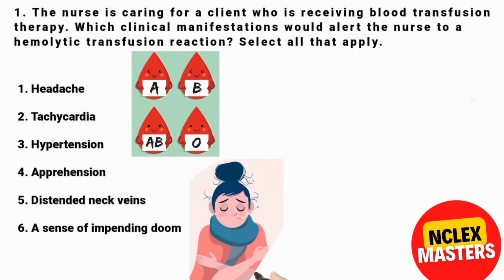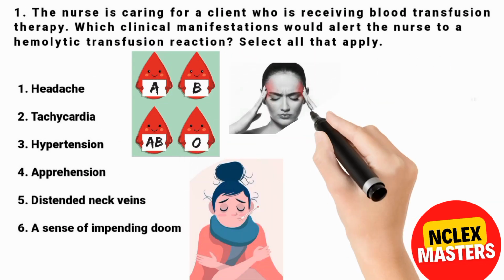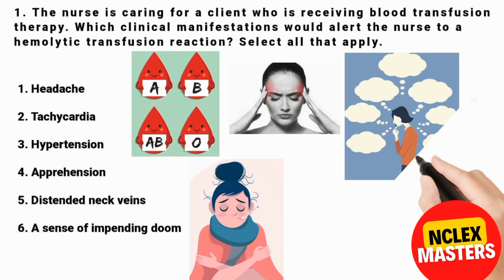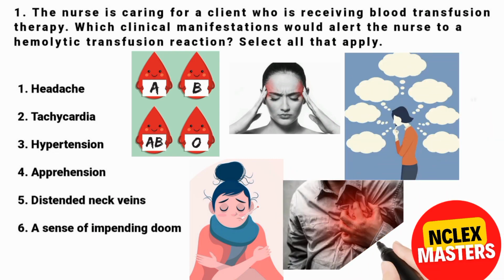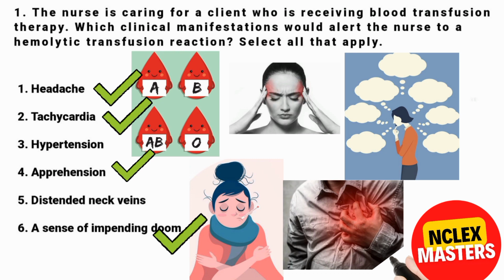Well, first you gotta focus on the subject, a hemolytic transfusion reaction. Recall the pathophysiology of this type of reaction to select the correct option. Hemolytic transfusion reactions are caused by blood type or Rh incompatibility. When blood containing antigens different from the client's own antigens is infused, antigen-antibody complexes are formed in the client's blood.